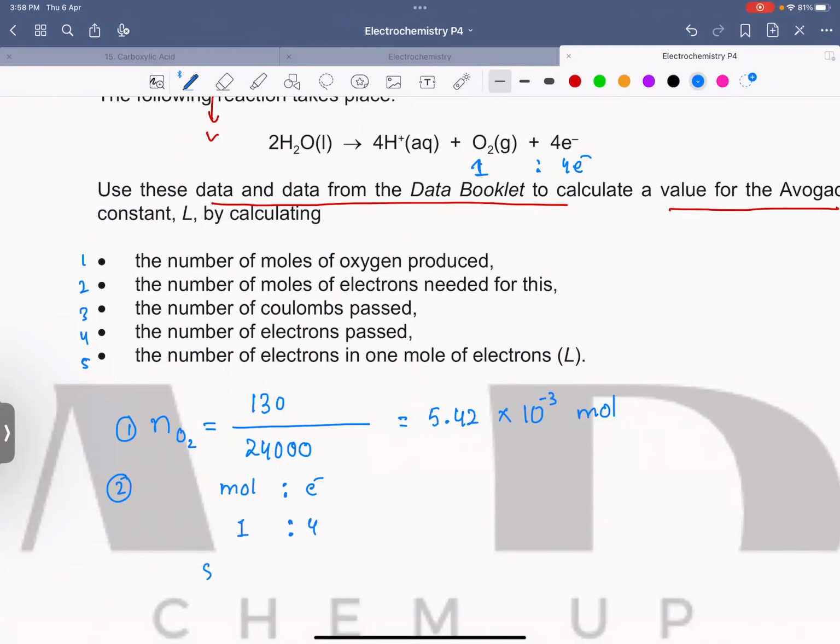And here I have 5.42 exponent minus 3 moles. So x moles of electron.